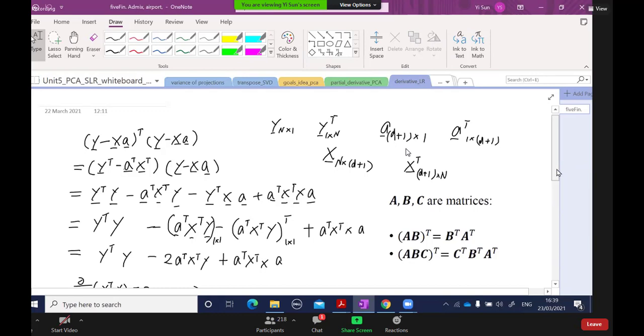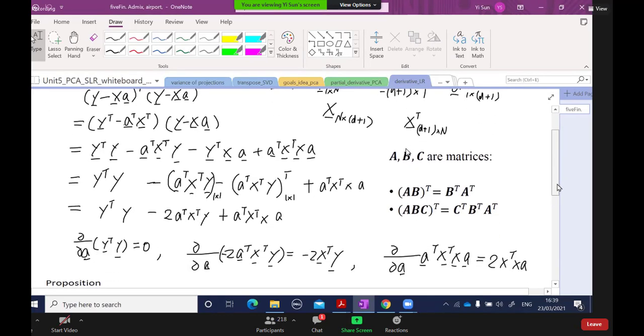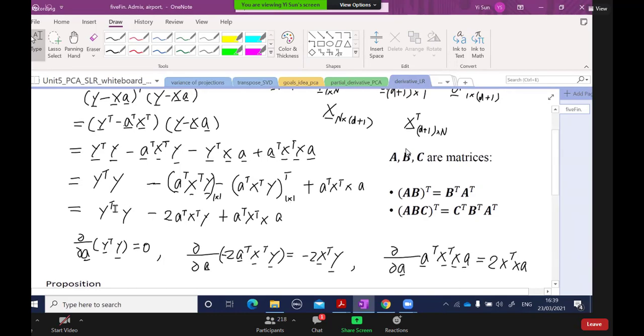Now we are ready to take the partial derivative of this cost function with respect to the coefficient vector. So what do we get? Because this is a partial derivative with respect to A, this term can be considered a constant.